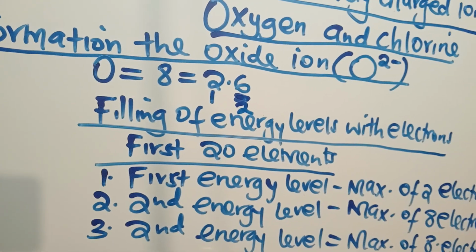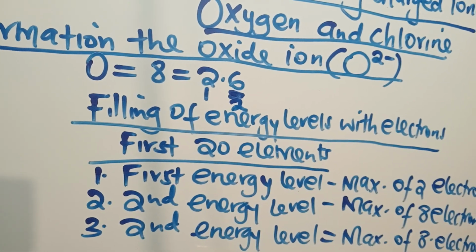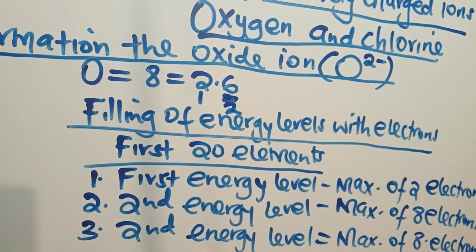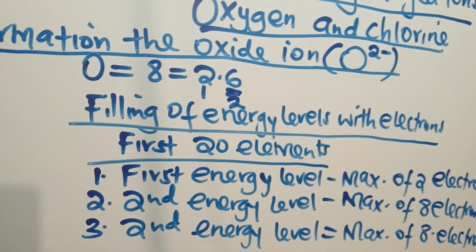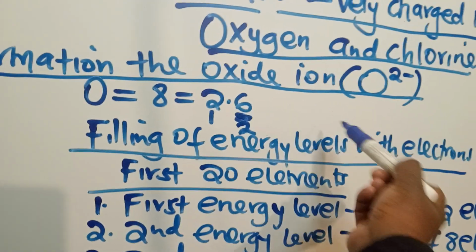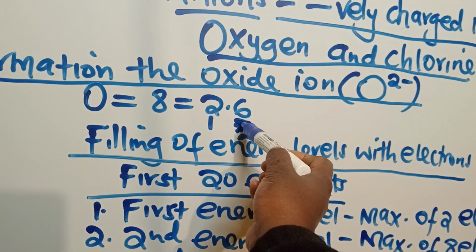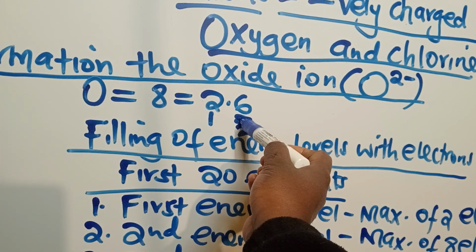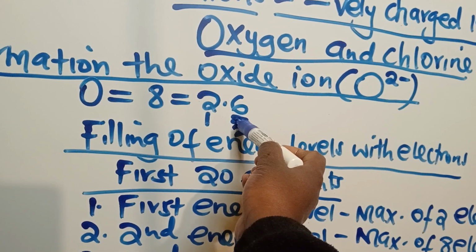Remember, when we were dealing with sodium, I showed you how, just from the electronic arrangement, you can determine which is the innermost energy level, which is the outermost, which is the first, the second. So, on the far right hand side, that is where we have the outermost energy level from the electronic arrangement of any given atom.